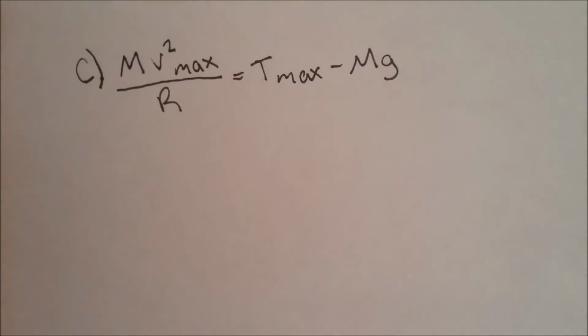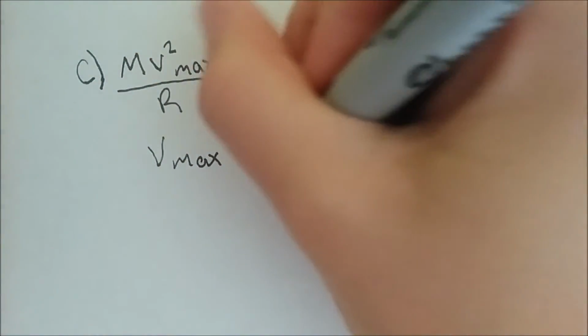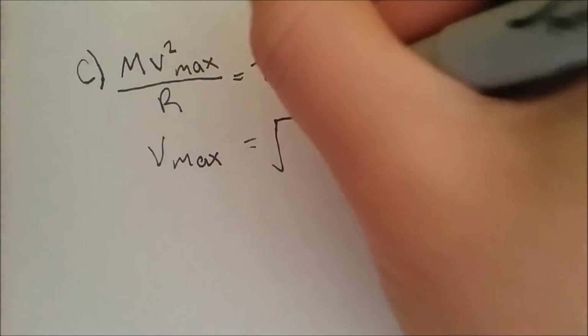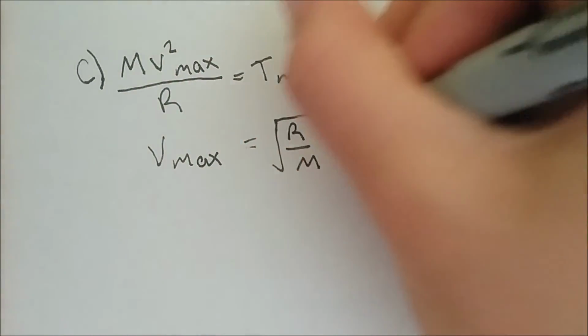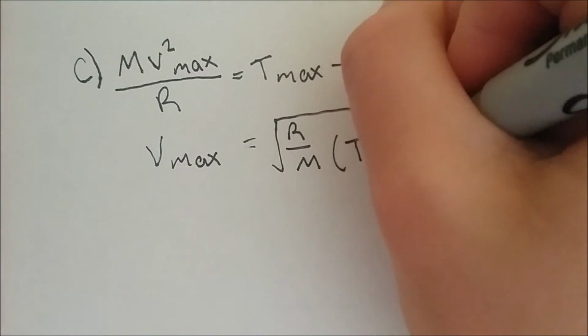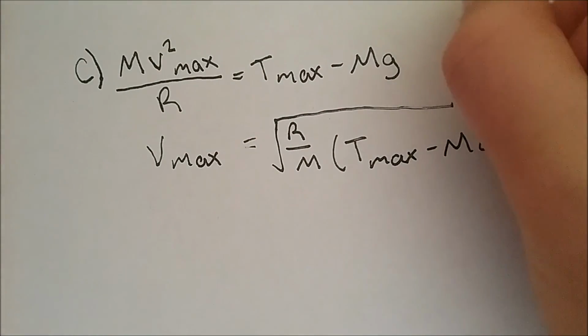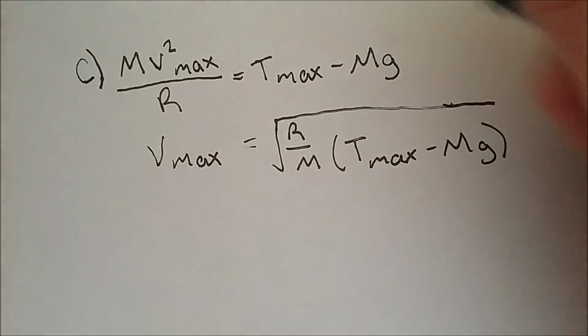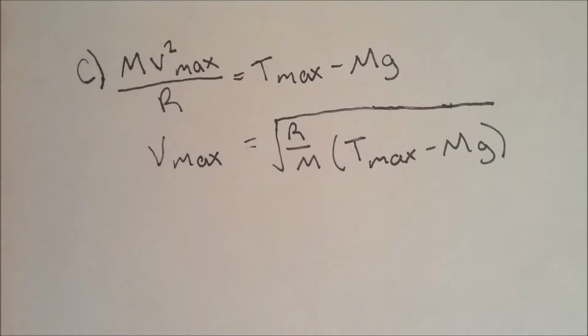After simplifying this to solve for the maximum velocity, we get the velocity max is equal to the square root of r over m times T max minus mg. And that is our answer for part C.